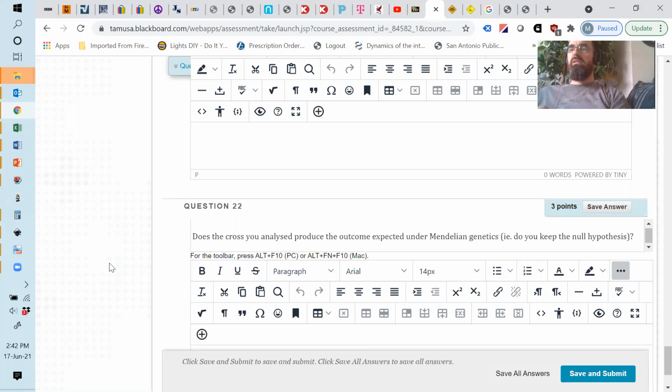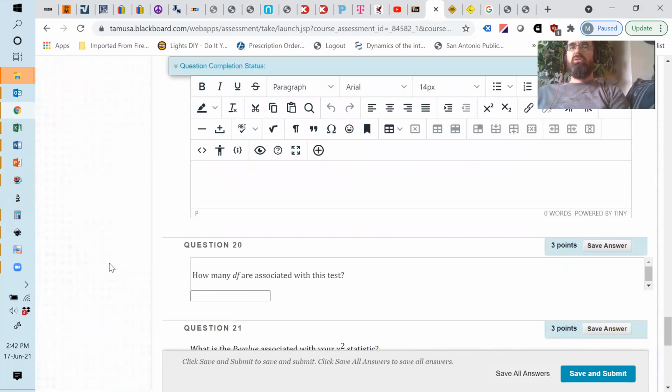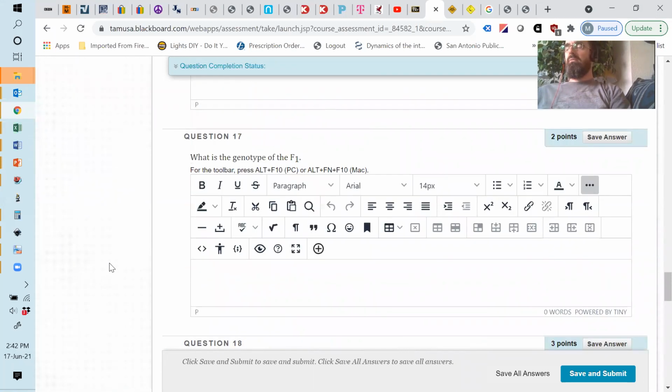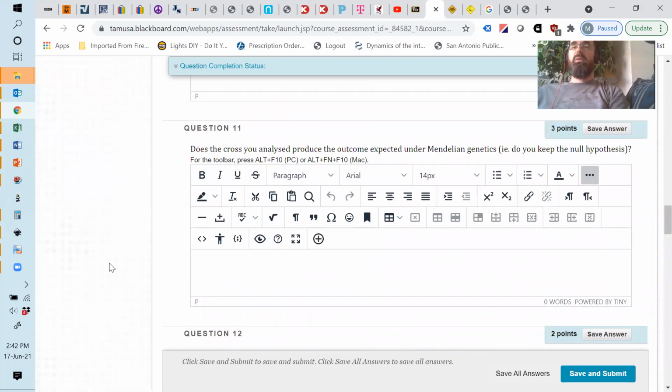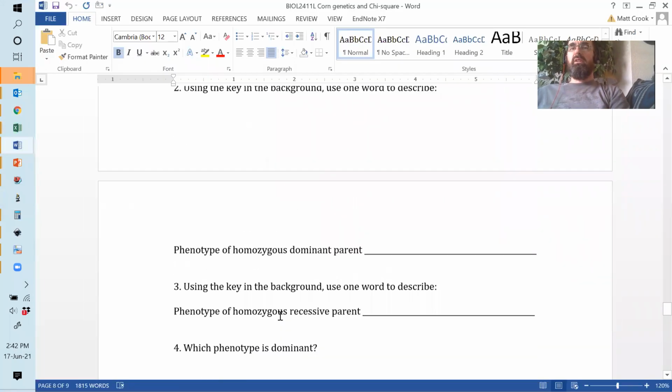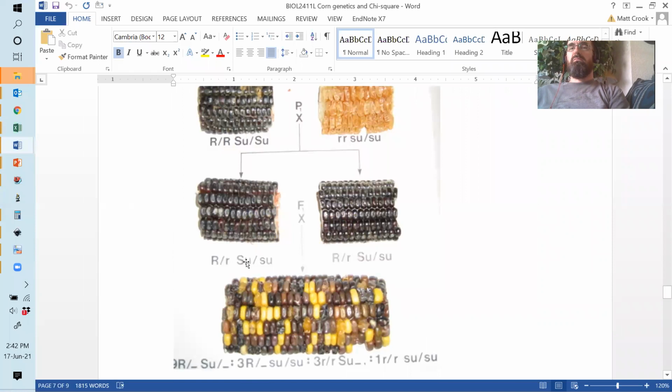So the genotype will be the genotype, right? So if it's F1, it's going to be heterozygous. So how would you write down the genotype of a heterozygote for those two traits? Well, you'd probably want to use the nomenclature that they're using in here.